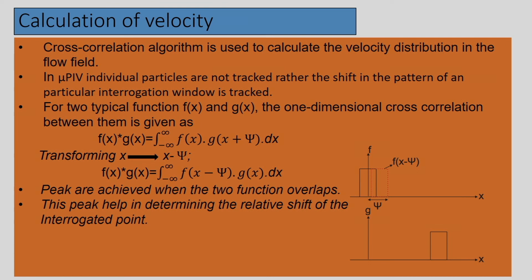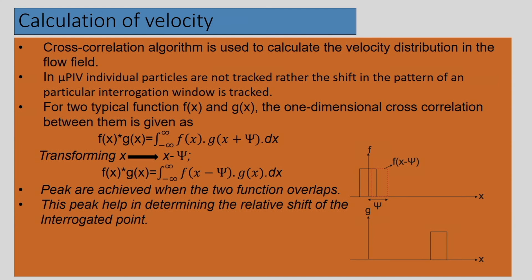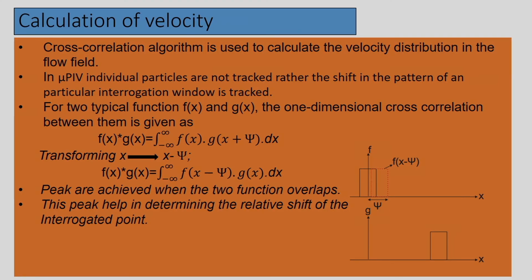In micro-PIV, individual particles are not tracked; rather, the shift in the pattern of a particular integration window is tracked. So for two typical functions f(x) and g(x), in one dimensional cross correlation, we have captured the first frame f, and they are moved now by an amount psi.